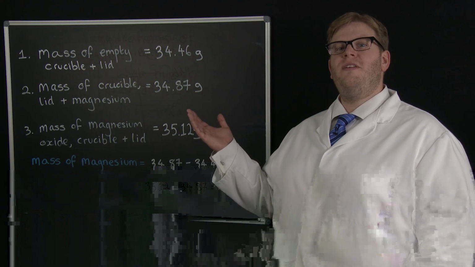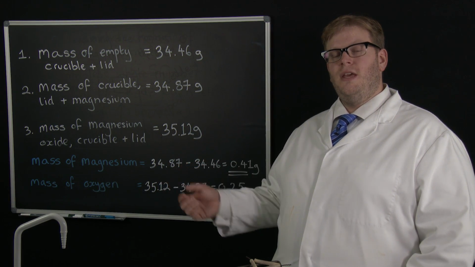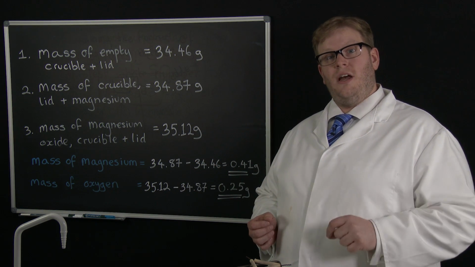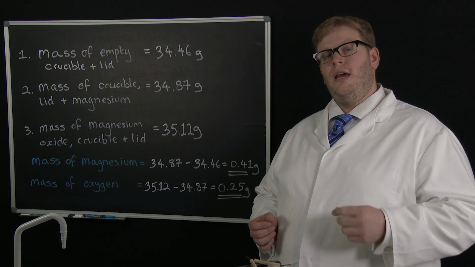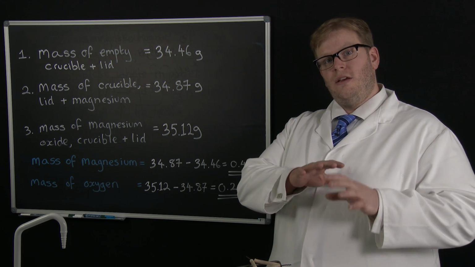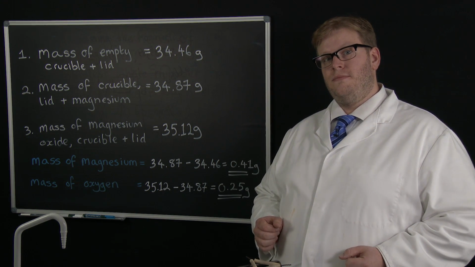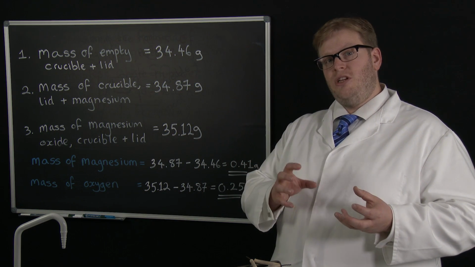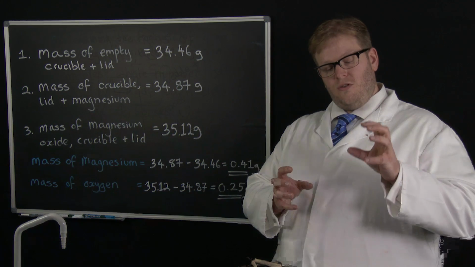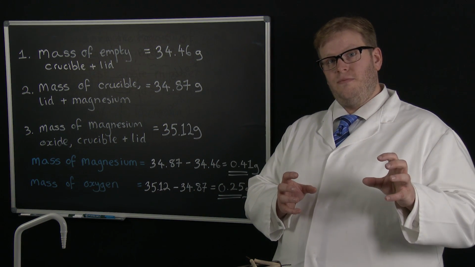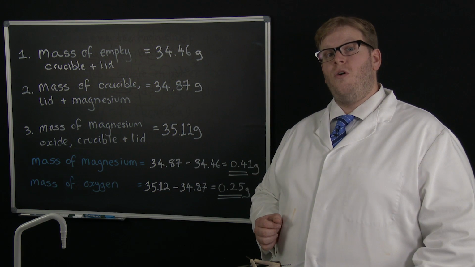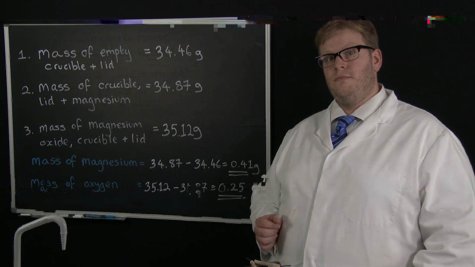So here are the three values from our experiment. We have the empty crucible and lid, we have the magnesium inside the crucible with its lid on, and we have the crucible with its lid filled with magnesium oxide. To get the mass of magnesium, I subtract the empty crucible and lid from the crucible, lid and magnesium value. Here. I end up with a value of 0.41 grams of magnesium.